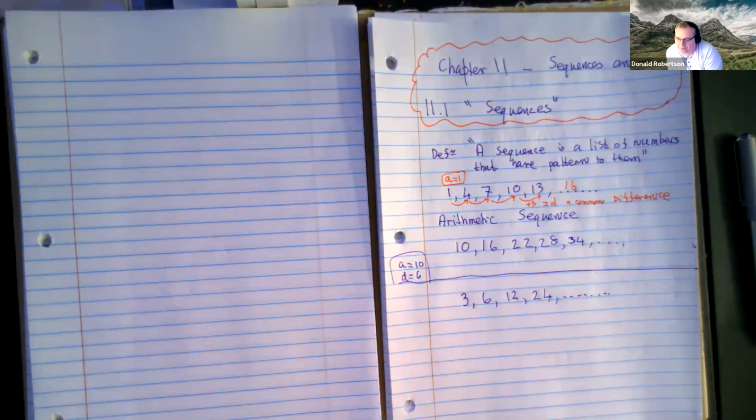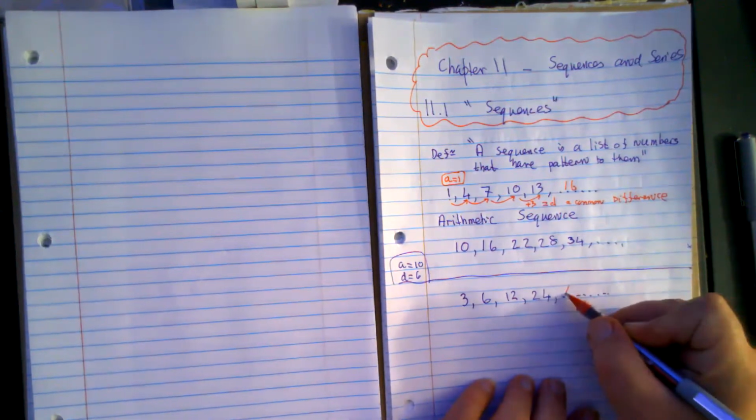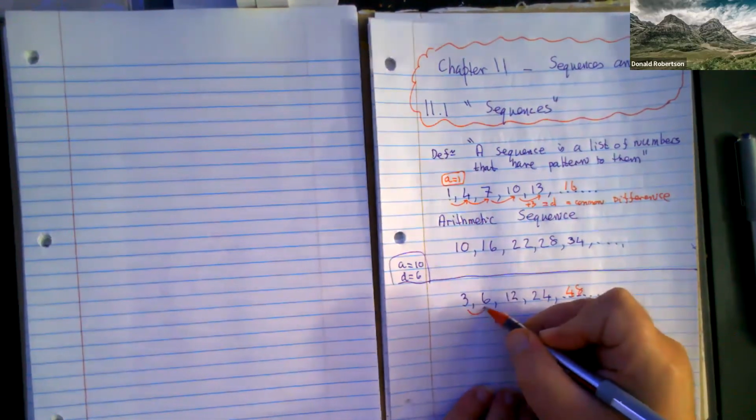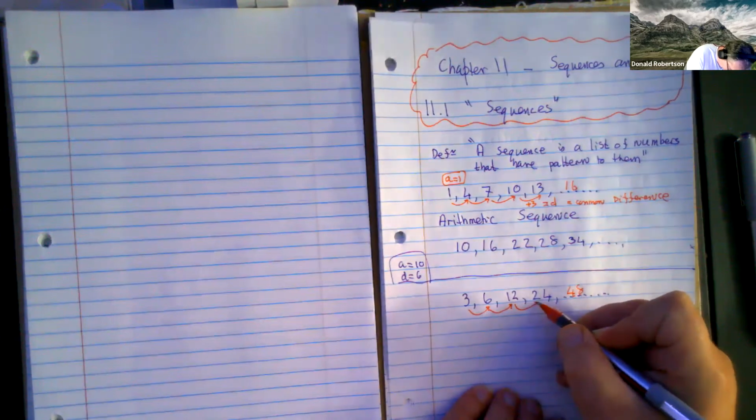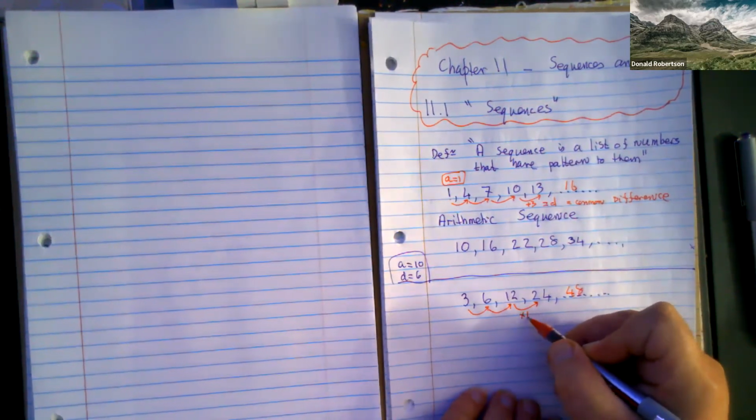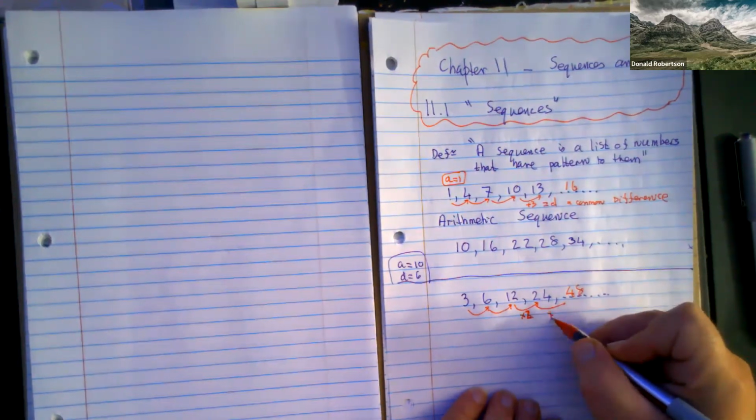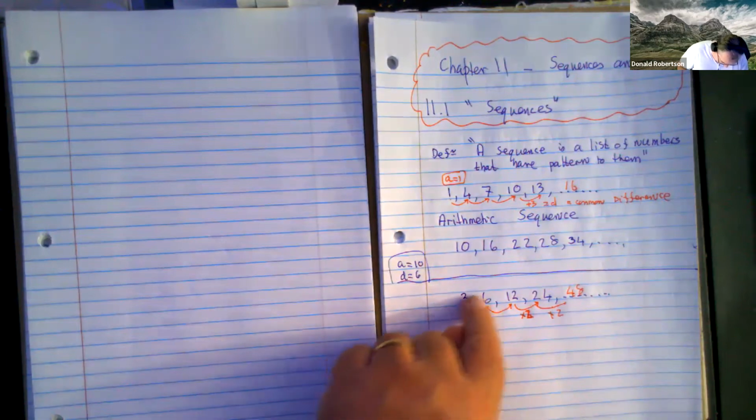48. Would you agree that in this world, to get from one number to the next, you multiply by 2? Now, in these kinds of sequences, there's a whole family of them.